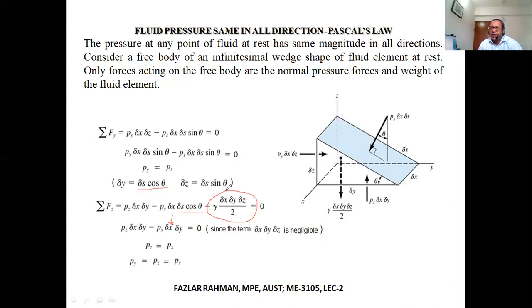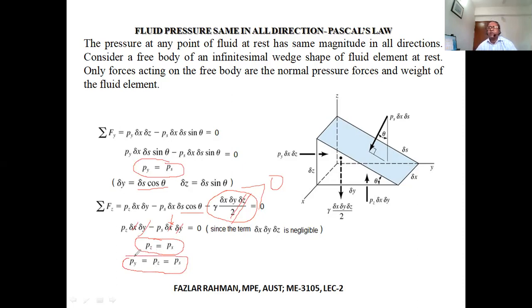So we can think this value is very small and negligible. So we are thinking this is negligible, so this becomes 0. So over here delta y will be out. So finally you are getting Pz equal to Ps. Right over here you got Py equal to Ps.